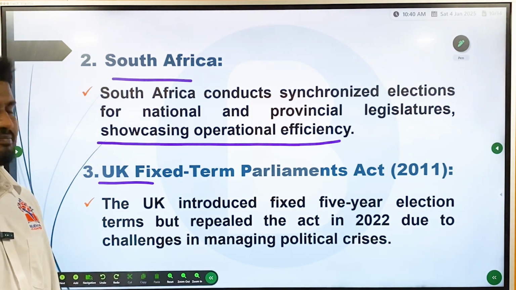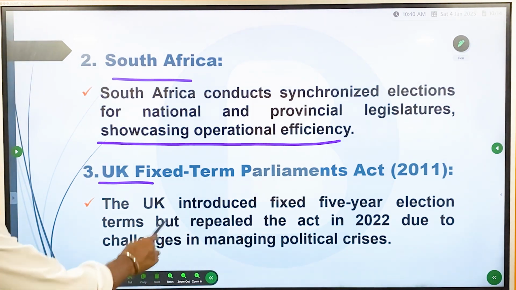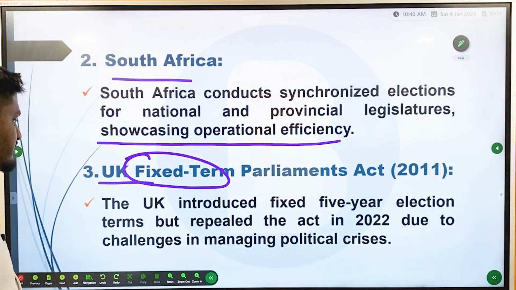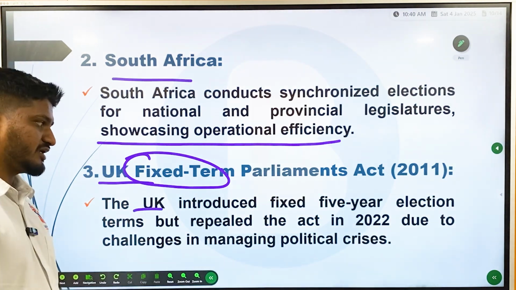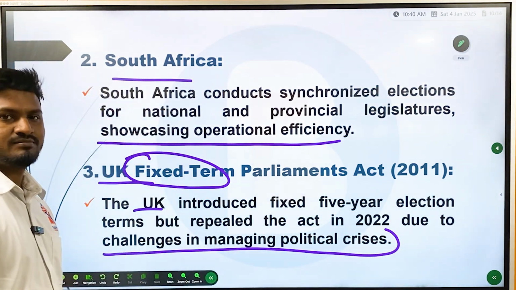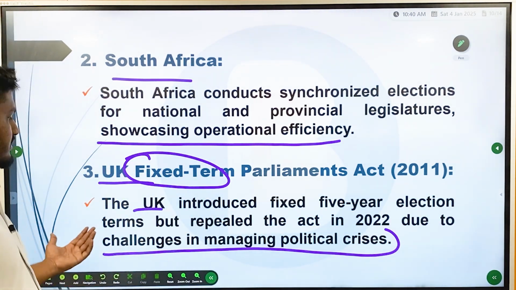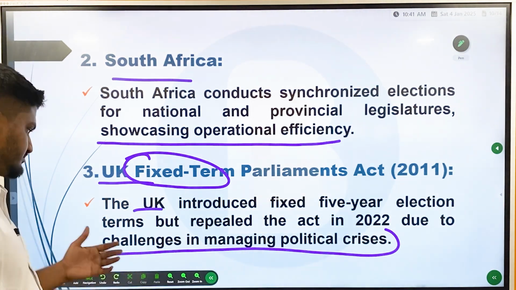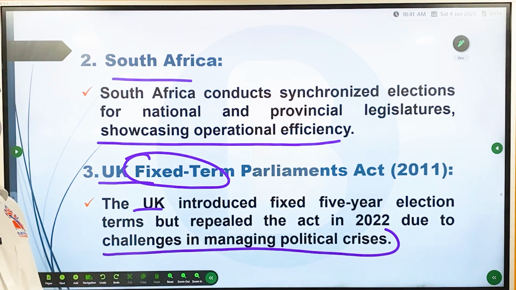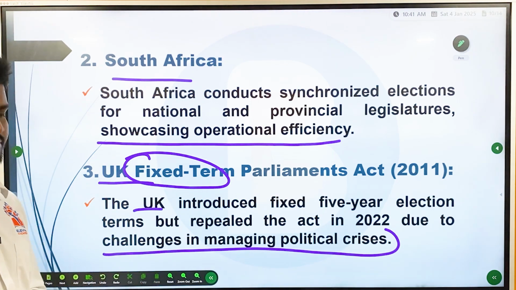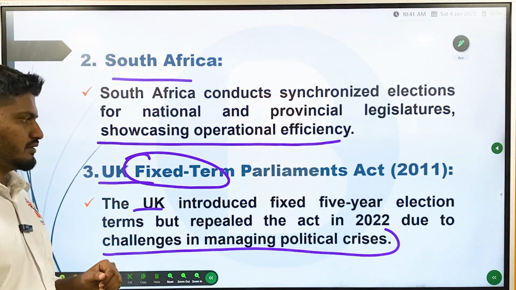Then the UK's Fixed Term Parliament Act of 2011. This is in the news because of the Fixed Term Act which is going to be included in India. The UK introduced fixed 5-year election terms but repealed the act in 2022 due to challenges in managing political crises. In the UK there was repeated failure of prime ministers, such as the recent prime minister of Indian origin, Rishi.